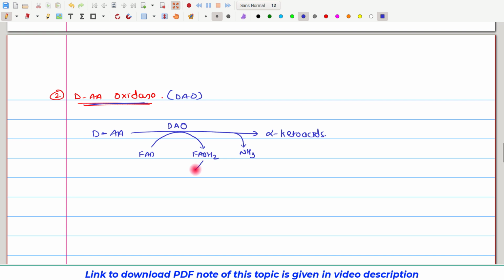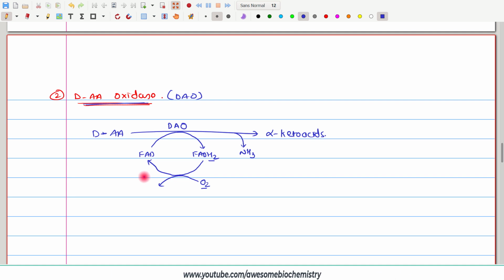Now, this FADH2 is converted back to FAD. It takes up oxygen, and the hydrogen and oxygen combine to give rise to H2O2, hydrogen peroxide, which can do oxidant damage to us.